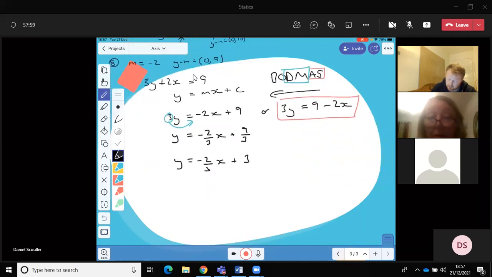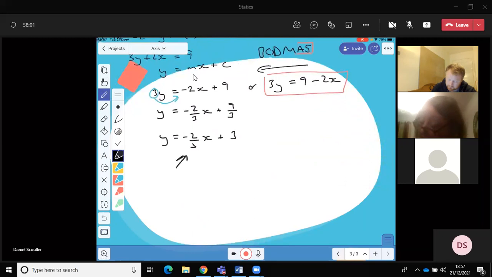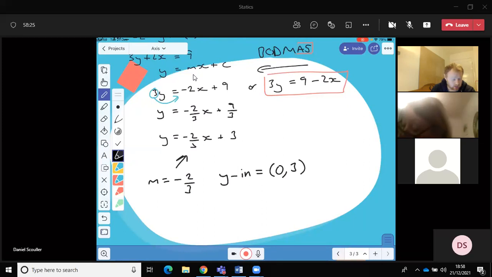Okay, so your gradient is going to be left in a fraction, which is quite common in the exams, and the y-intercept is going to be 0, 3. Is that okay?